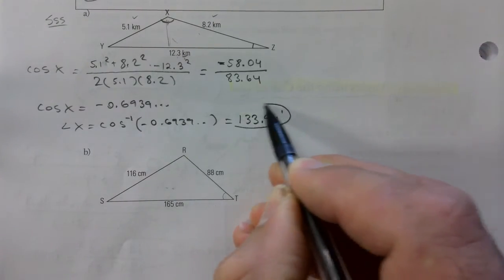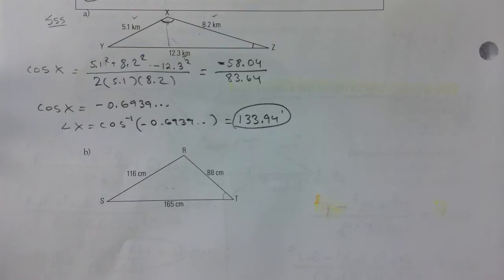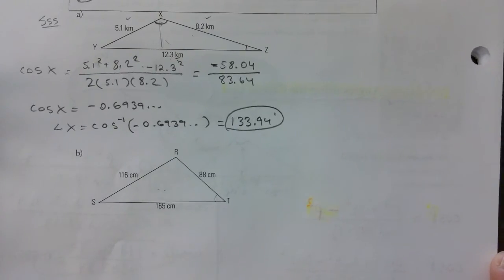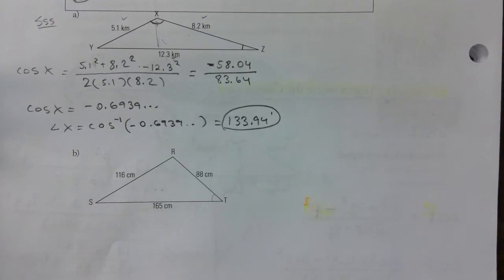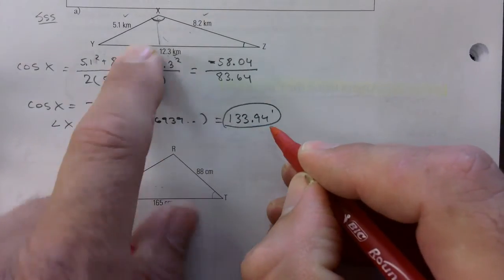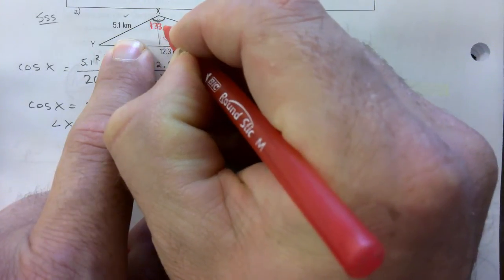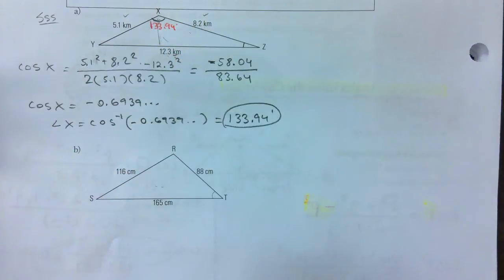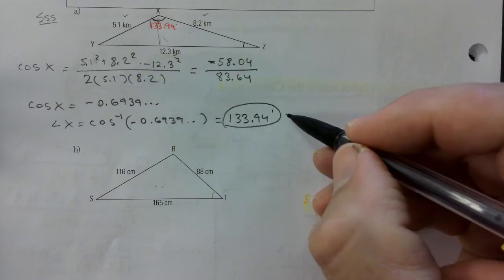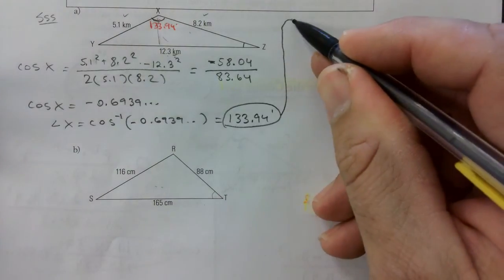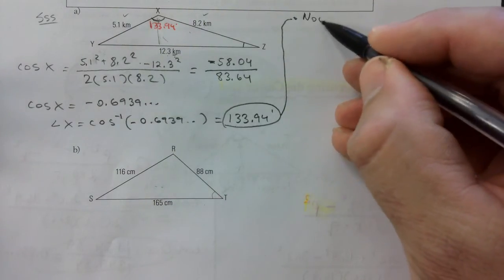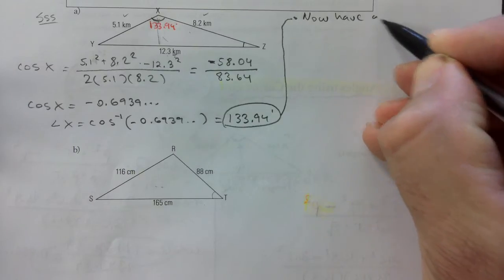Okay, so I'm going a little bit faster because I'm assuming you did this already, okay? Now, this might be new to some of you. Here's my red mark pen here. Watch this. So once I have the 133.94, I'm going to write that in here to show that I solved that, right? You now have a pair.